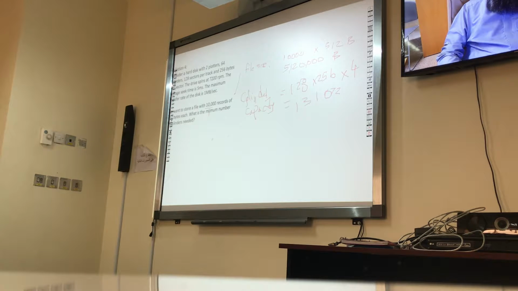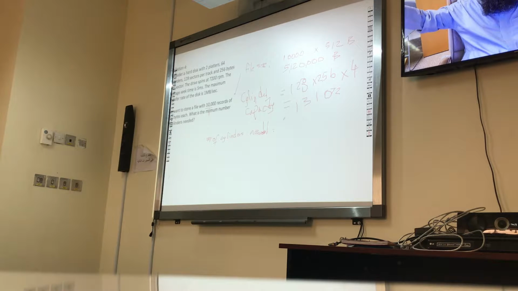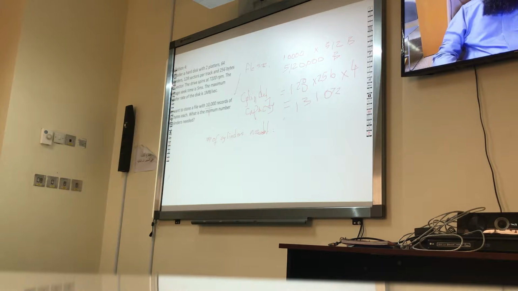So now how many cylinders are needed? How do I find that out? I know that the file is this big, 5 million bytes, and one cylinder can hold only 131,000 bytes. So, do I divide or multiply?